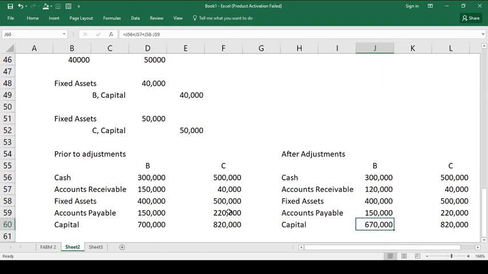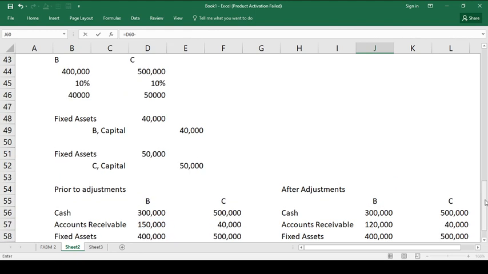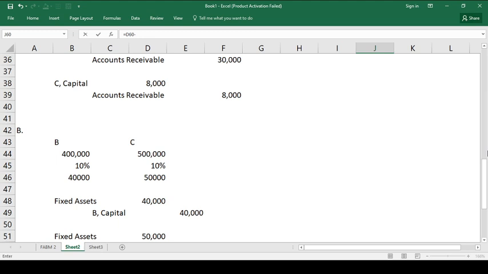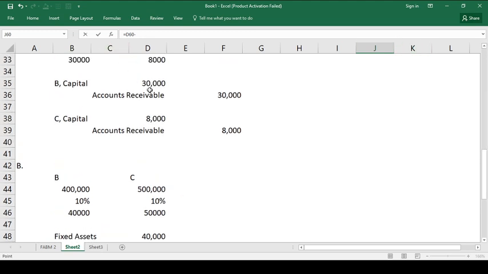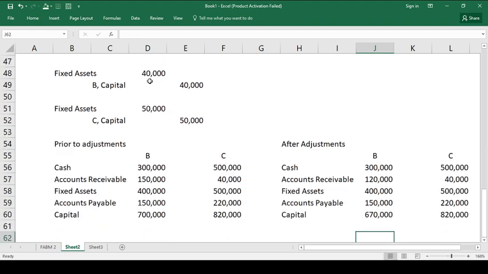And how about on the capital balances? Mangyayaring 670 yan. Bakit naging 670? From 700, nabawasin din po yan ng 30,000. Okay, look, 70, babawasan po natin ng 30. Tama? Ayun, nasa taas. 30,000. So, magiging 670.